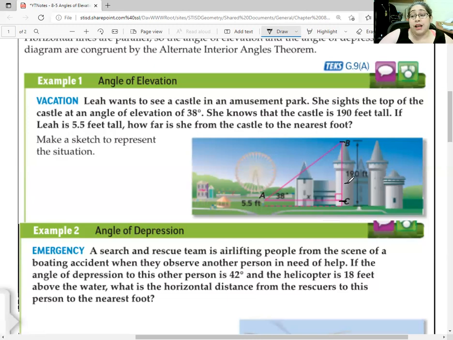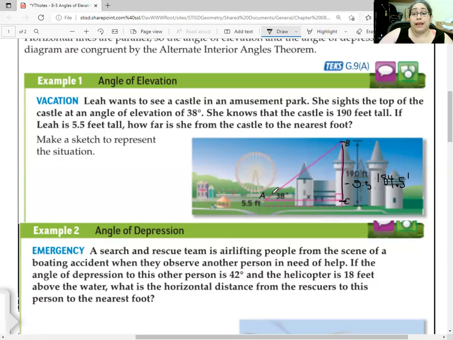This is actually 190 feet minus how tall she is. So this piece of the triangle that I'm coloring over in black is not 190, but rather 190 minus 5.5. My calculator gave me a measurement of 184.5 feet. That is the measurement of this side of our right triangle.